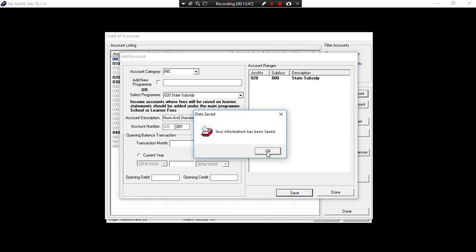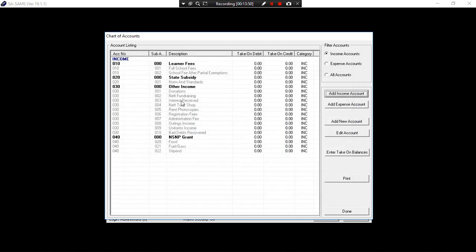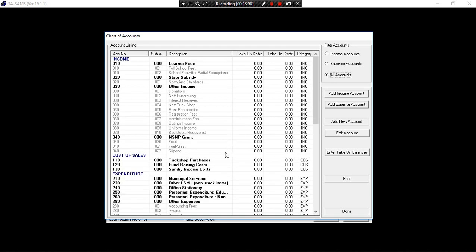Then we save, information has been saved, okay. As you can see, we've added norms and standards. So whichever type of account does not appear here and you need to transact and it's not appearing here, you simply come into chart of accounts and then you add it.